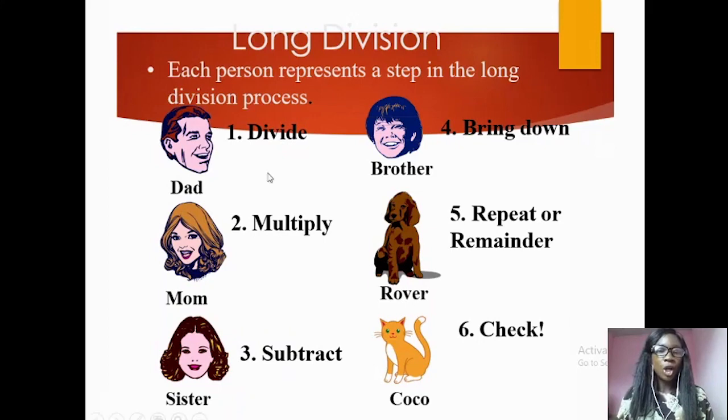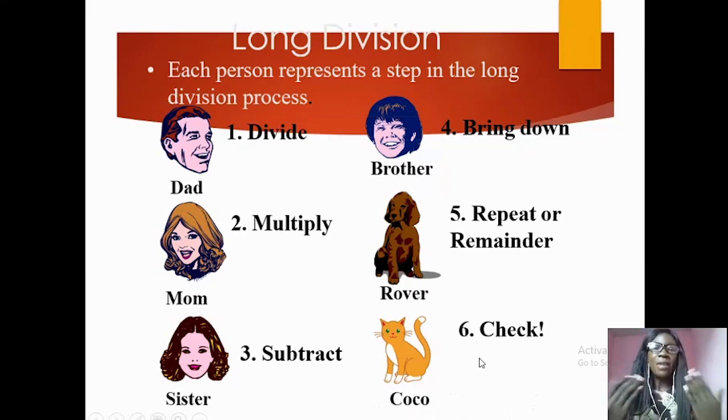So daddy will be called divide. Mommy will be called multiply. Our sister, we'll call her subtract. Our brother will be bring down. The pet, which is the dog, Rover, will be called remainder or repeat. It's just like you're repeating the step in your long division, okay? So we call it repeat or remainder. And our cat, which is Coco, will be our check.